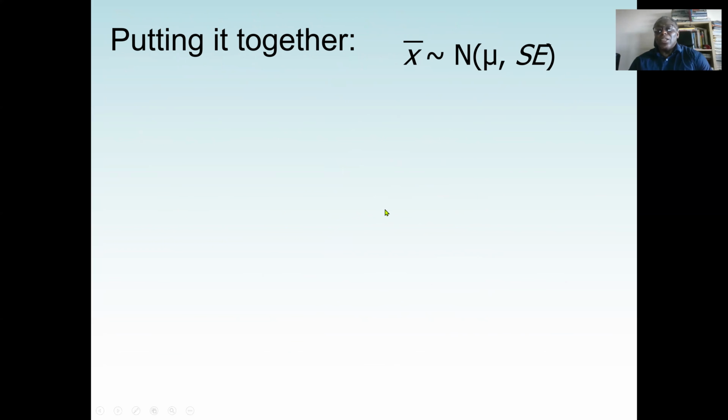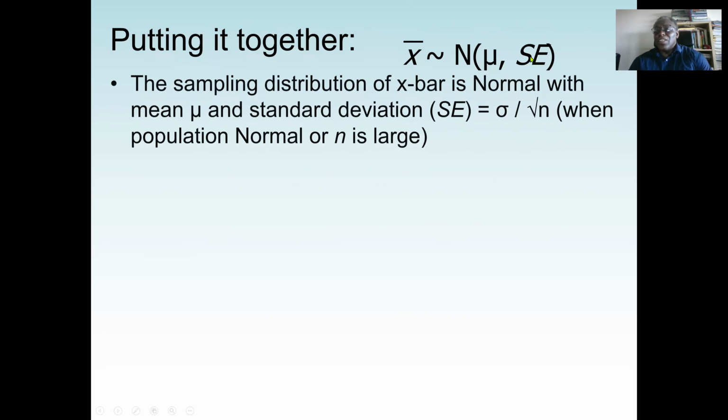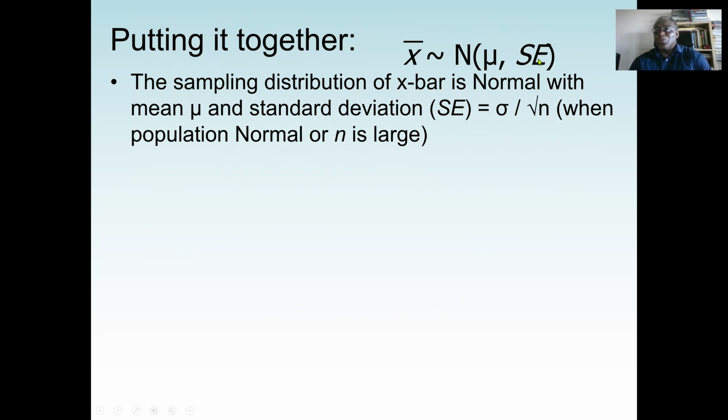So putting it all together, we have our X bar, our sample mean. Our sample mean will always be normally distributed, and the sample mean is the same as the population mean, but the standard deviation is the standard error, which is the standard deviation for the sample.